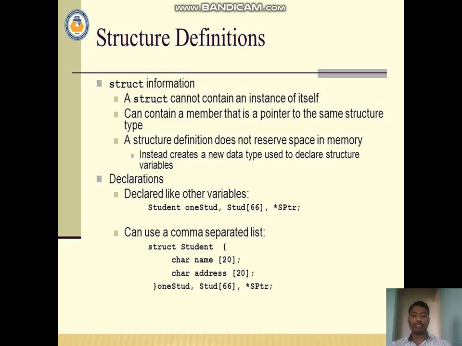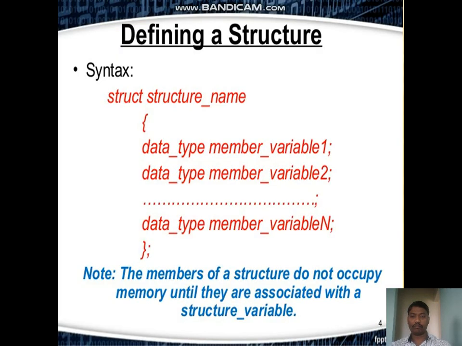You can use a comma separated list: struct student { char name[20]; char address[20]; } s1, student6, *sptr.